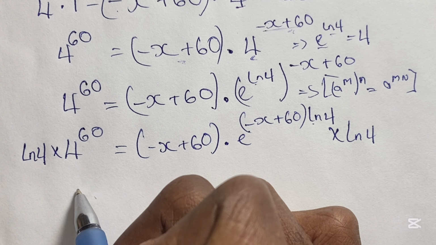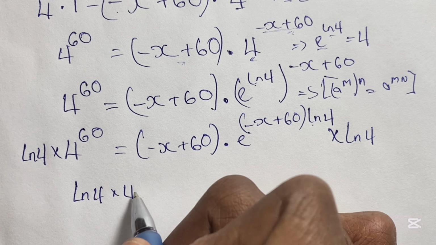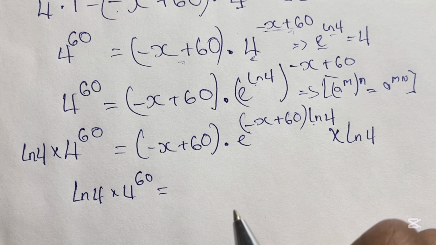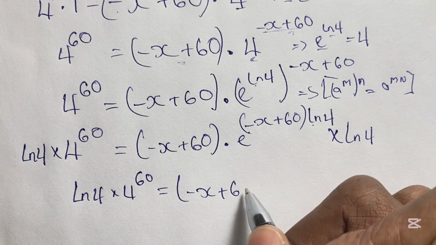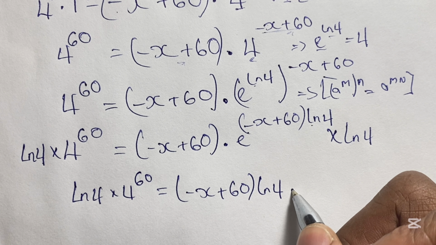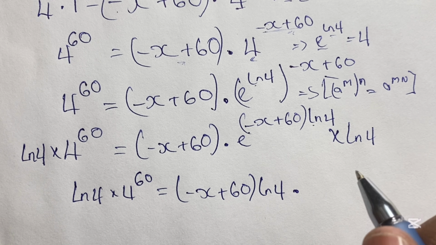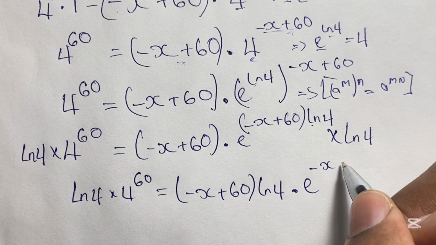So rewriting our equation, we have ln 4 times 4 to the power of 60 is equal to (-x + 60) in brackets, and of course like we said, we're going to have this multiplying ln 4. And then we have this times e to the power of (-x + 60) times ln 4.